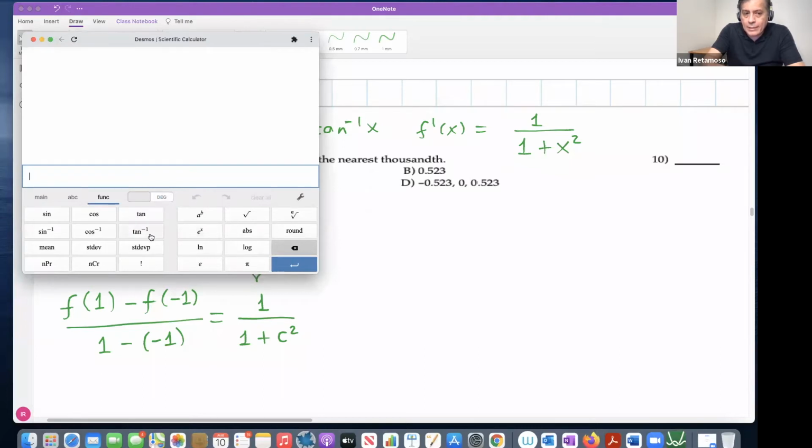Doesn't matter for the input, because tangent inverse has as an input a real number. However, the output has to be in radians. So click on radians, compute this tangent inverse in radians, very good.